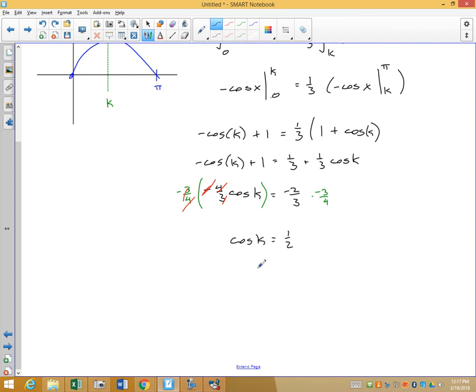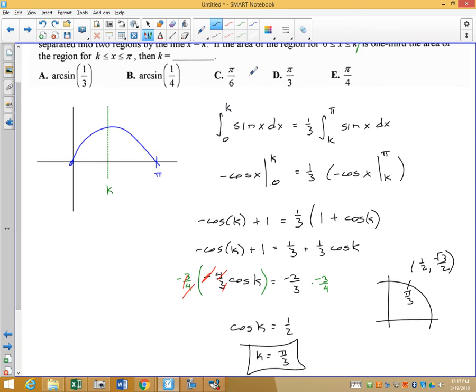And when does cosine equal 1/2? We should know that. It's at 60 degrees, or pi over 3. We always do radians in this class. Shouldn't say always. There might be some weird problem where they give you answers in degrees, but there we are, pi over 3, which is this option.